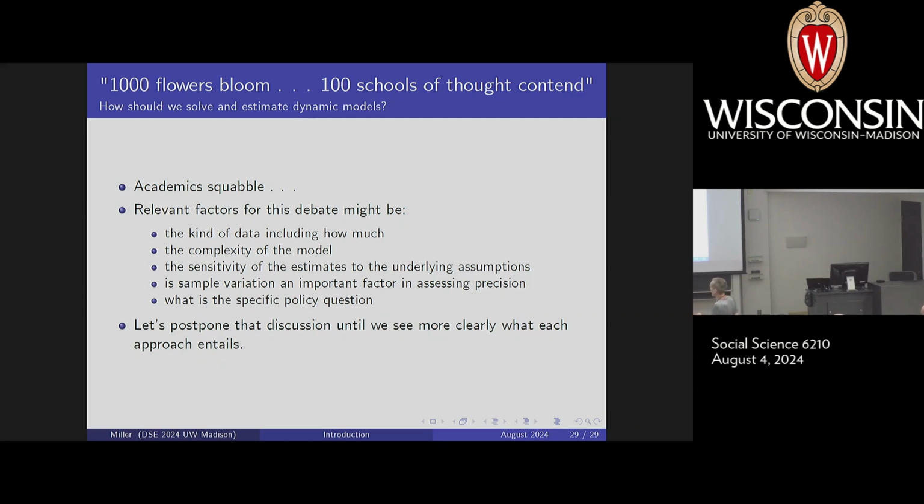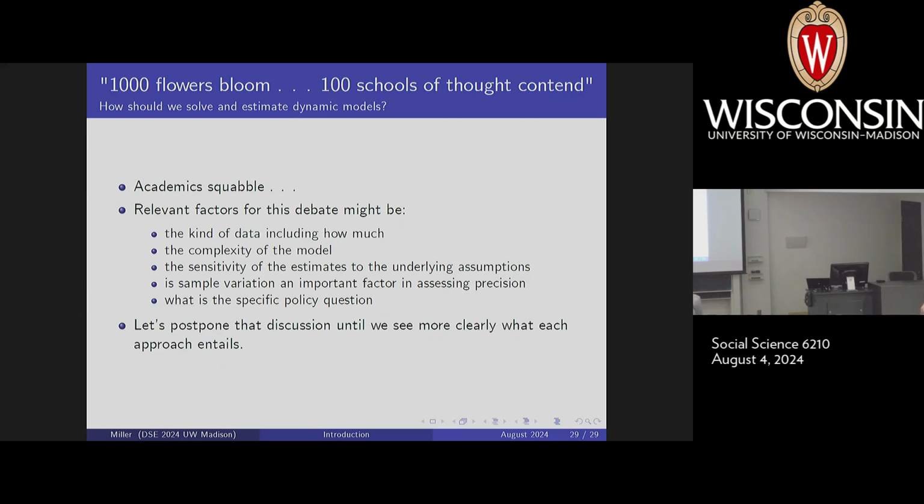So what are relevant factors for this debate? What kind of data do we have? How much? Okay? This is going to affect the choice of estimation methods. What about the complexity of the model itself? How many times can we afford to compute it?